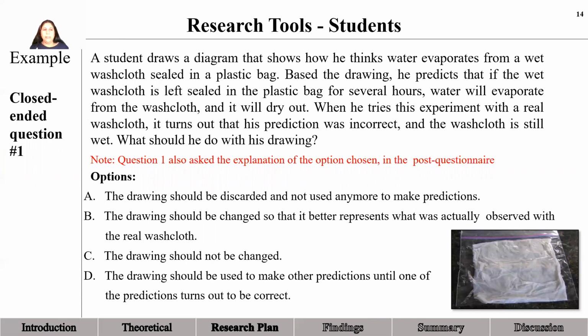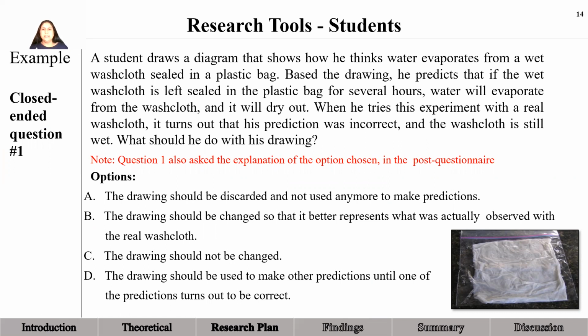In this slide, I'm presenting an example of close-ended question 1. A student draws a diagram that shows how he thinks water evaporates from a wet washcloth sealed in a plastic bag. Based on the drawing, he predicts that if the wet washcloth is left sealed in the plastic bag for several hours, water will evaporate from the washcloth and it will dry out.